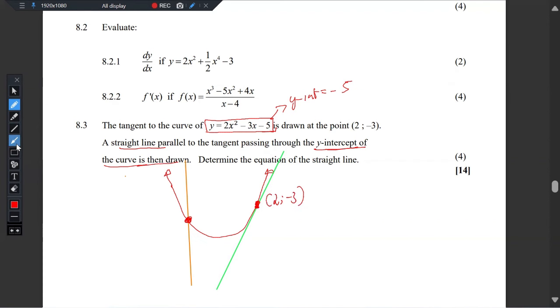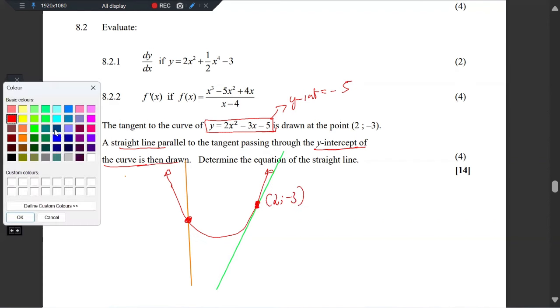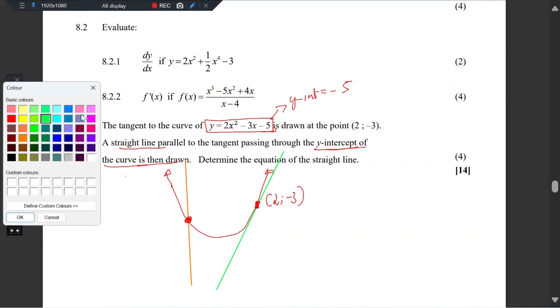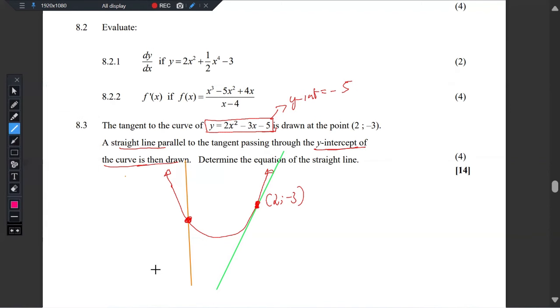But then now there's another line that has been drawn. It's not a tangent. This line has just been drawn across the curve, and it's intersecting with the curve at y equals -5. So it's intersecting with the curve at the y-intercept. So this is -5 right there.